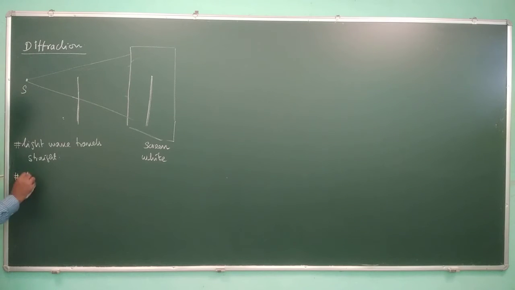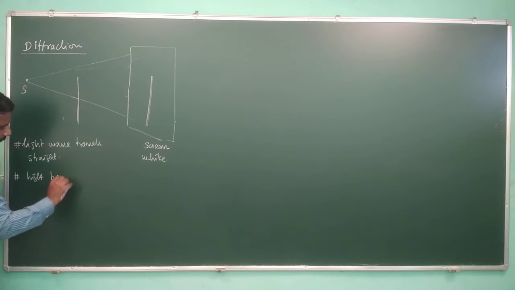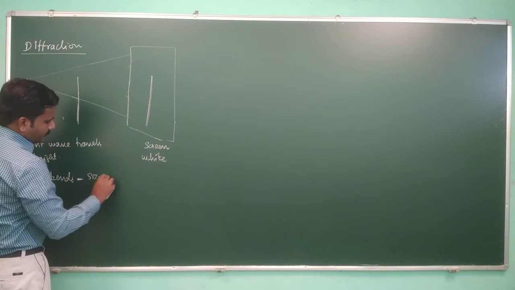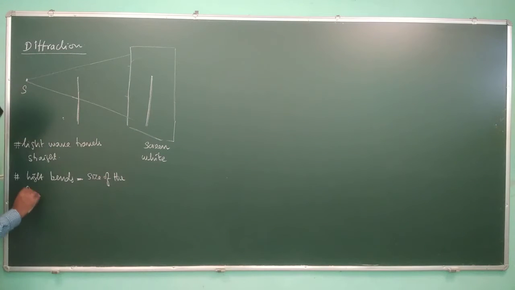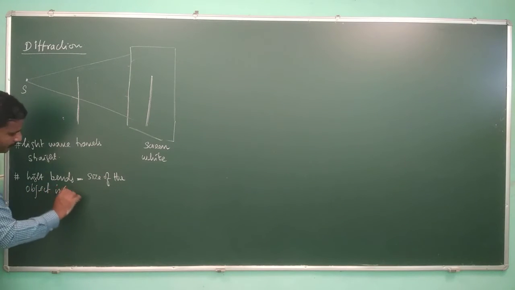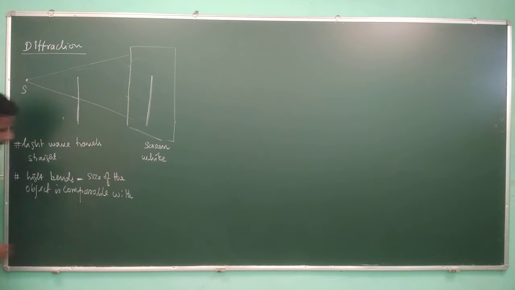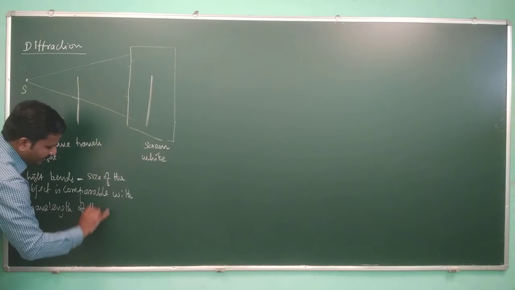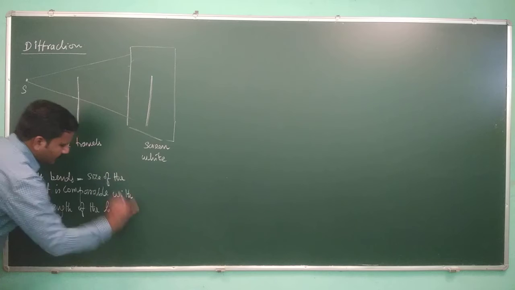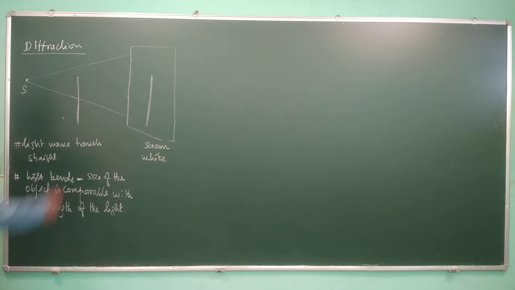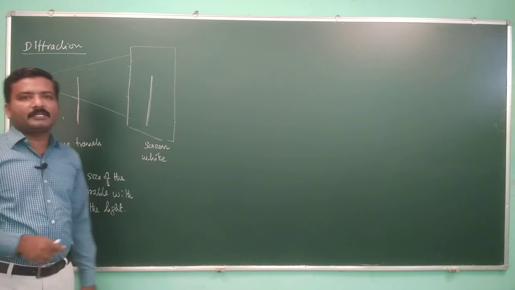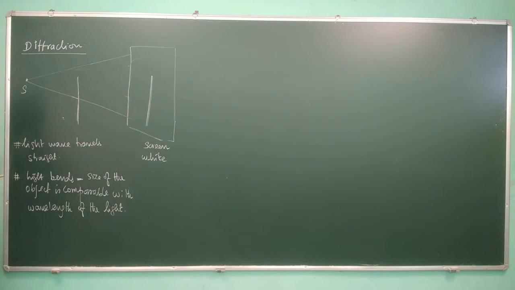This happens when the size of the object is comparable with the wavelength of the light. When the thickness of the object is comparable with the wavelength of the light source, then the bending of light may happen.